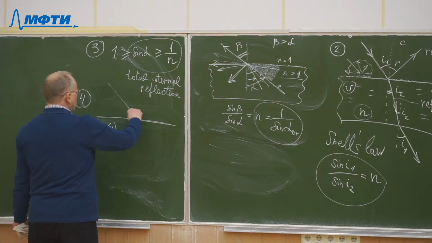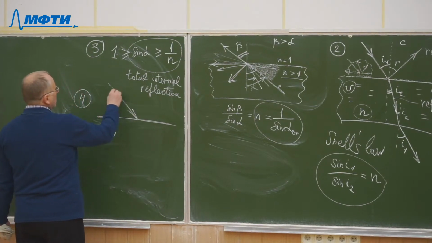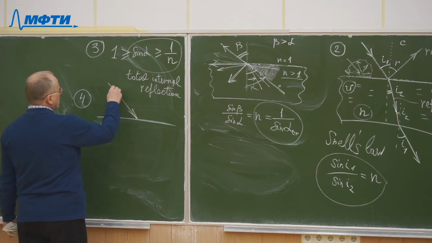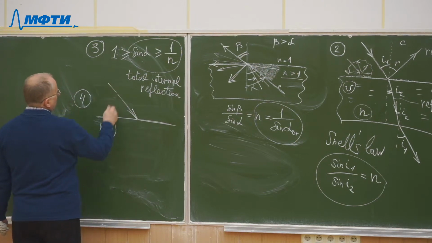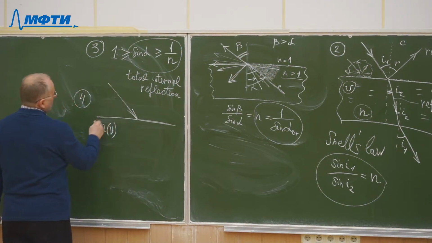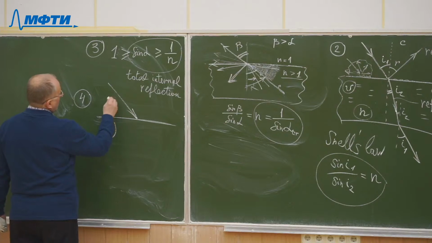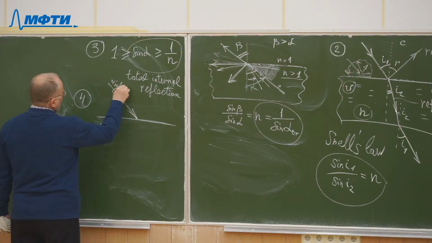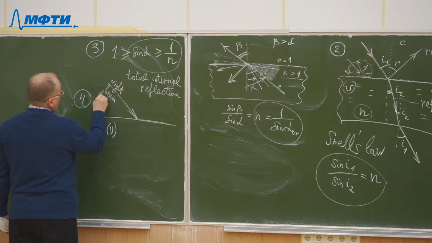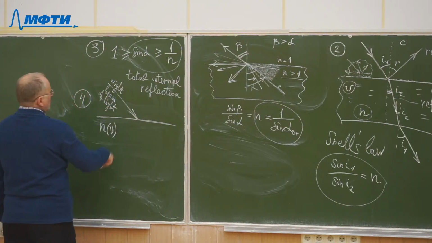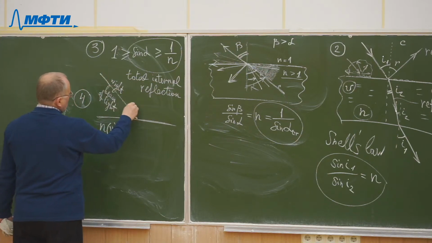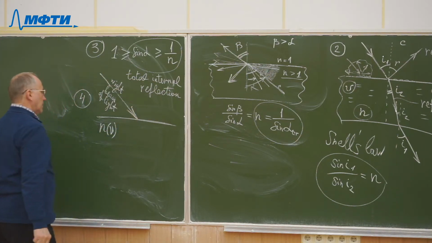So what happens if we direct here a beam of light consisting of many frequencies, like a white beam of light? So this is a white beam of light. The white light is a very peculiar thing.